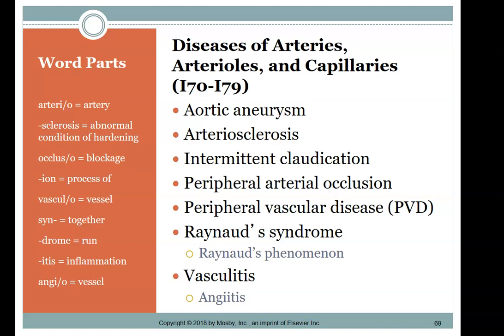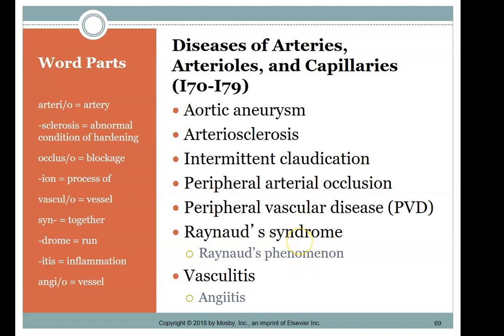It occurs almost exclusively in young women. Raynaud's phenomenon is secondary to rheumatoid arthritis, scleroderma, or trauma. And vasculitis is the inflammation of blood vessels, also called angiitis.